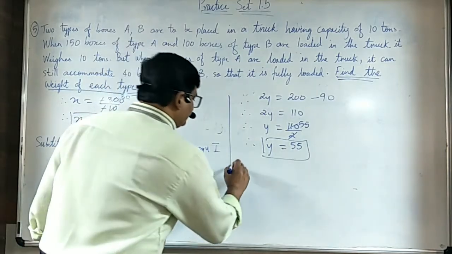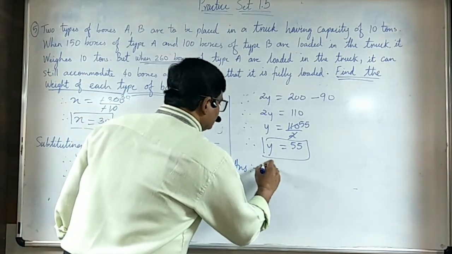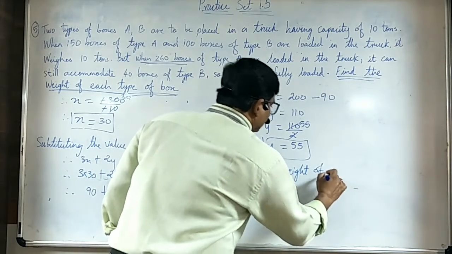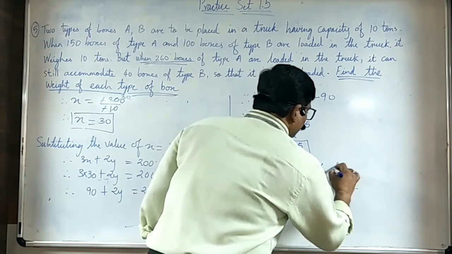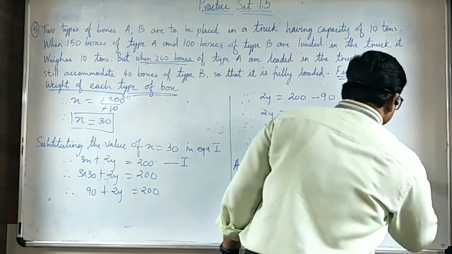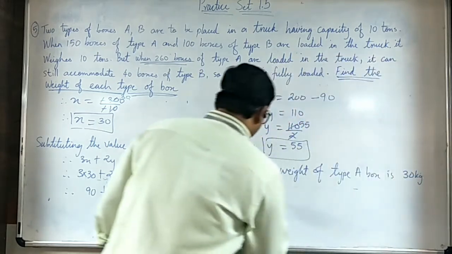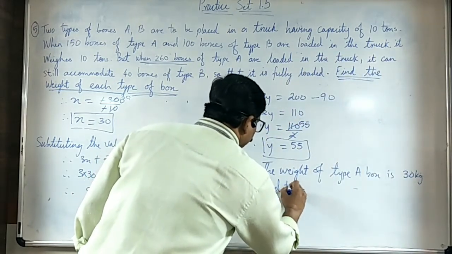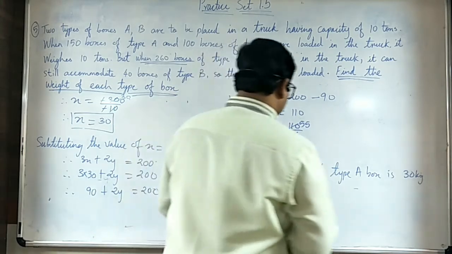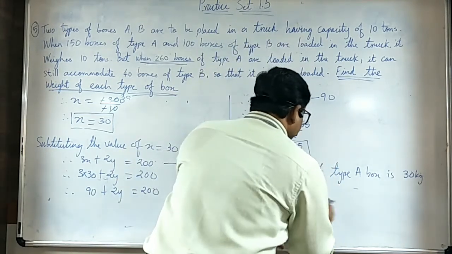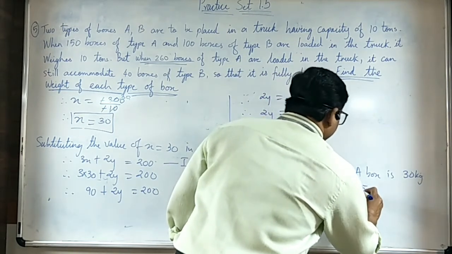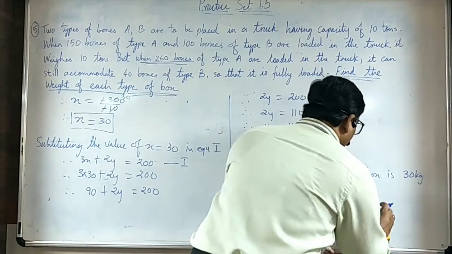So I have to write the final answer: the weight of type A box is 30 kg, and the type B box is 55 kg. This is how I finish.